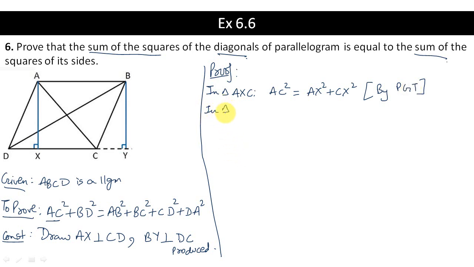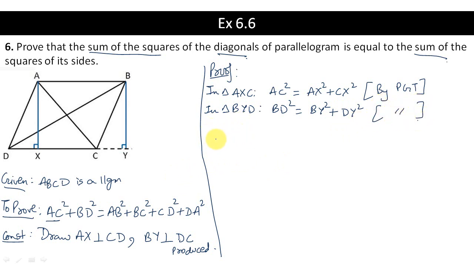Similarly, to get this BD, we'll consider triangle BYD. So in triangle BYD, we get BD square is BY square plus DY square. Okay, this is again by Pythagoras theorem.